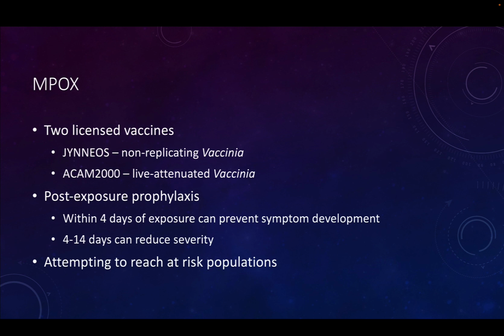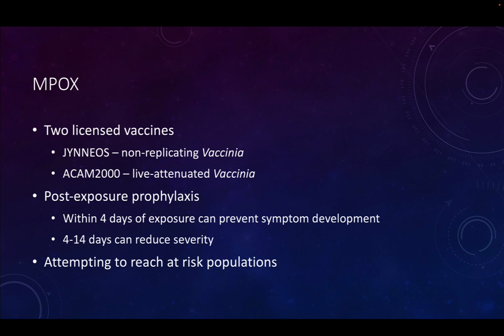If the vaccine or post-exposure prophylaxis is taken between 4 and 14 days after exposure, it may not prevent symptoms from developing, but could certainly reduce the severity. So the earlier after exposure that the vaccine is given, the better.